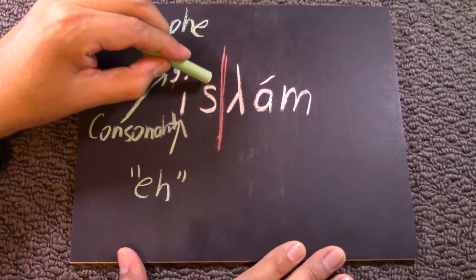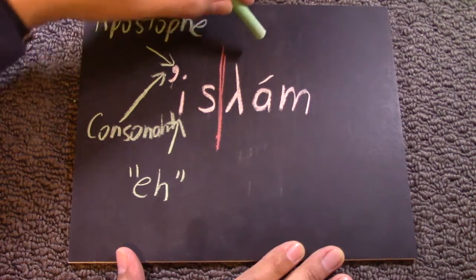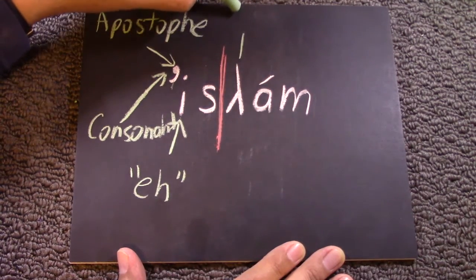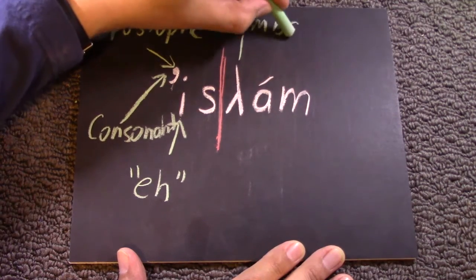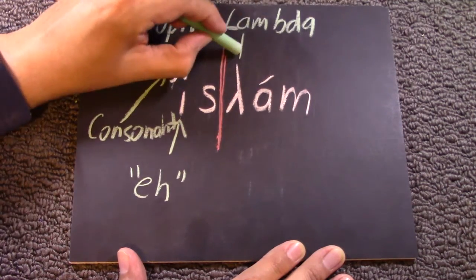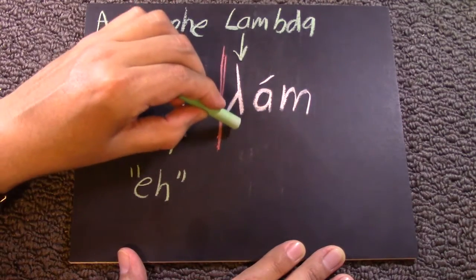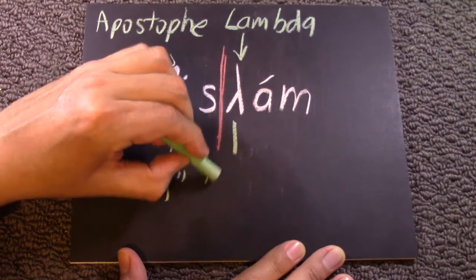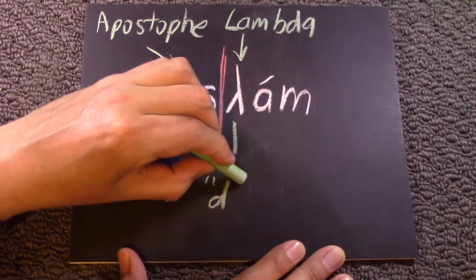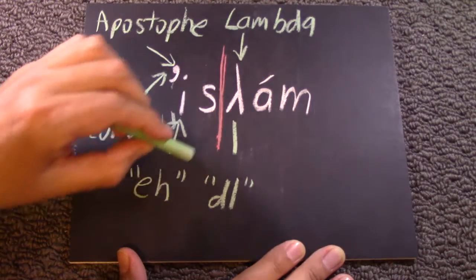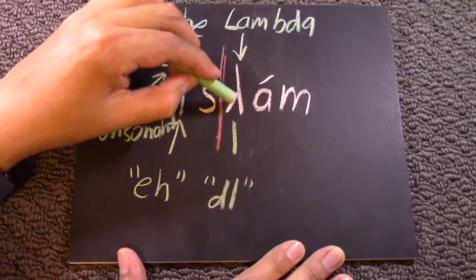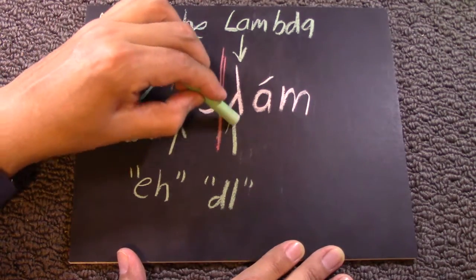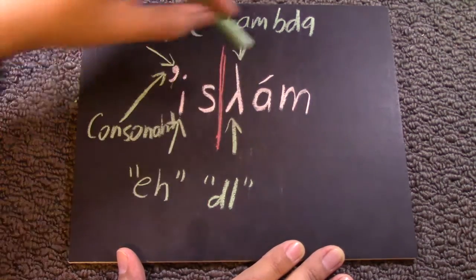S is like a regular S. And this symbol here is a lambda. And it makes kind of a dl sound. So you have to think of a D and an L together, making a dl kind of sound.